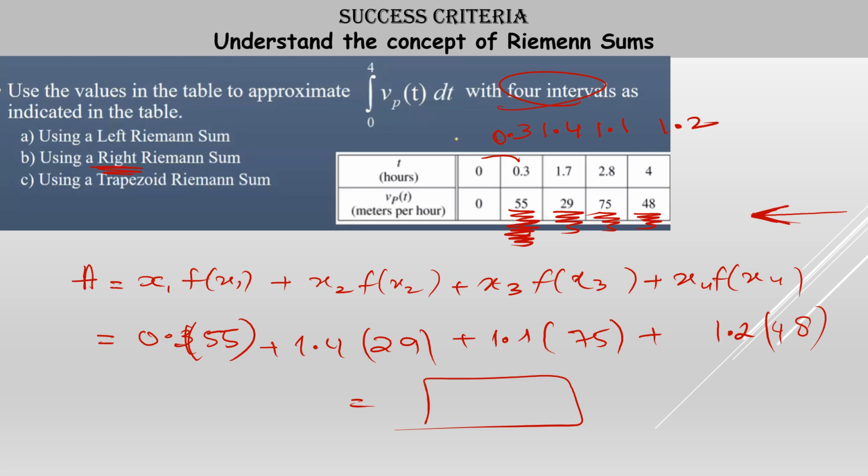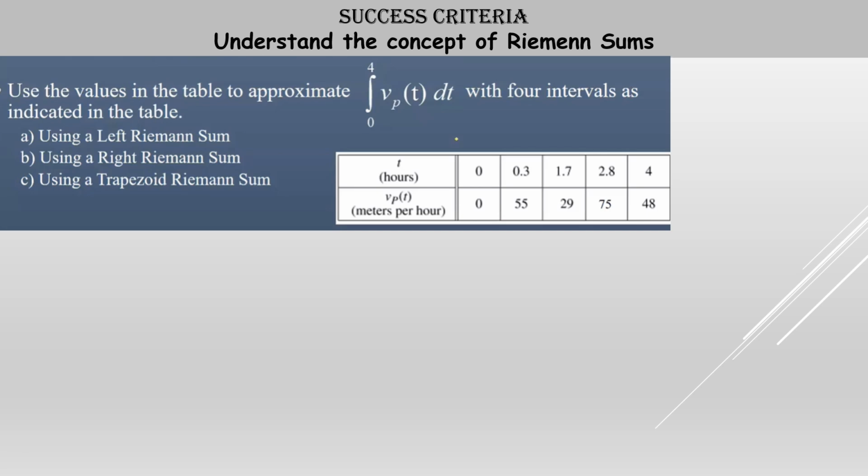Now what will happen if they ask us to use a trapezoid Riemann sum? You might have the idea that to calculate the area of a trapezoid, the formula is half times h times base 1 plus base 2, right?